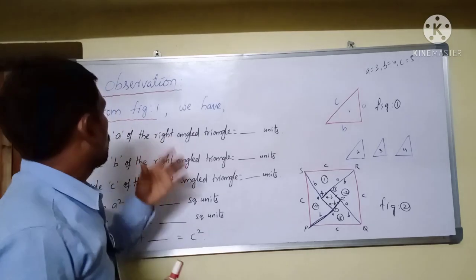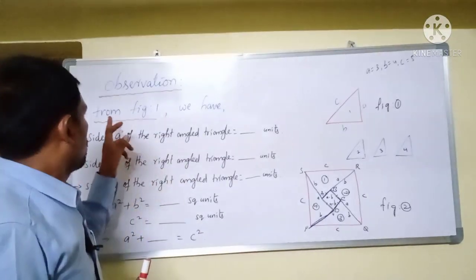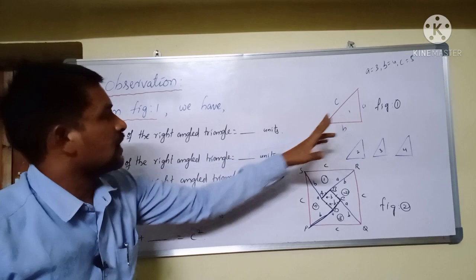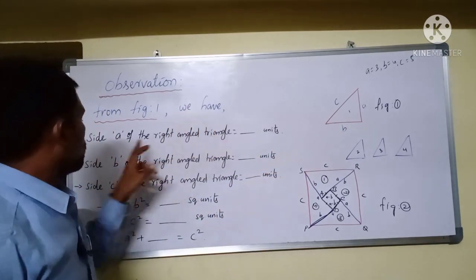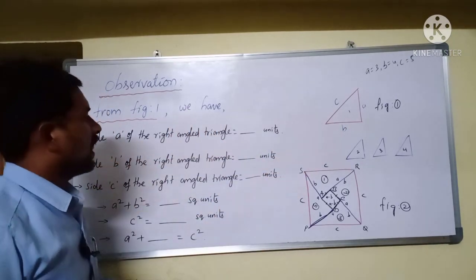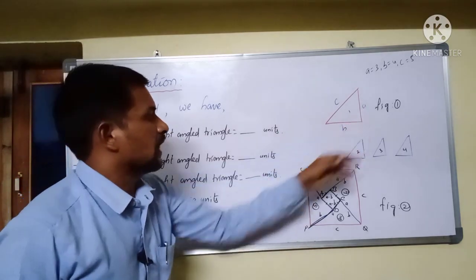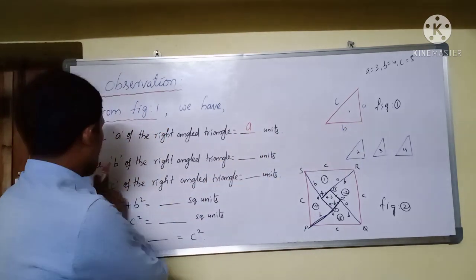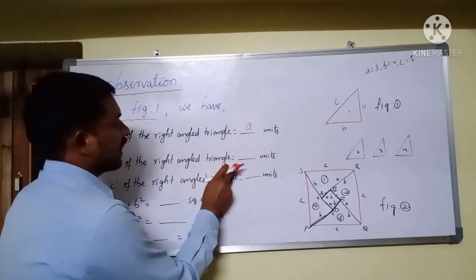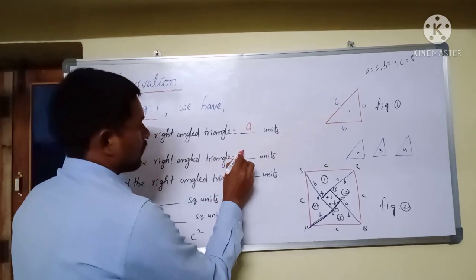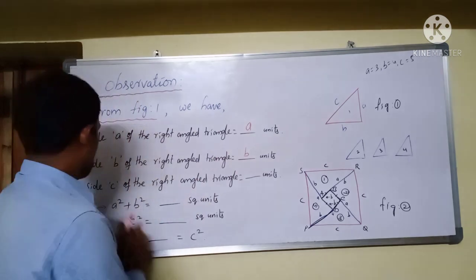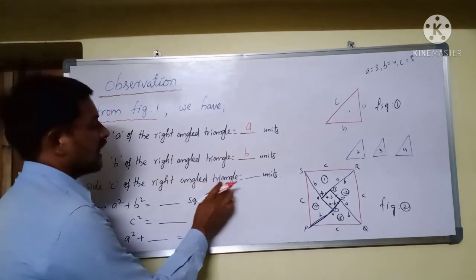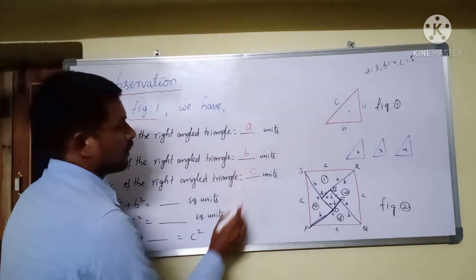Now let us go for observation. From figure 1, we have side A of the right angle triangle, that is A units, side B of the right angle triangle, that is B units, and side C of the right angle triangle, C units.